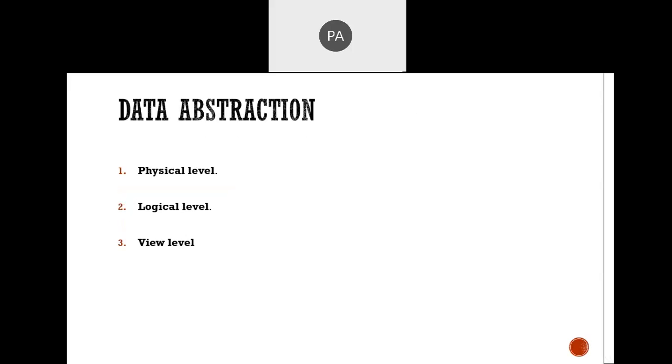And the last most important level is the view level. In that case, a certain number of users interact with data without knowing the schema. View level is a high level of data abstraction.